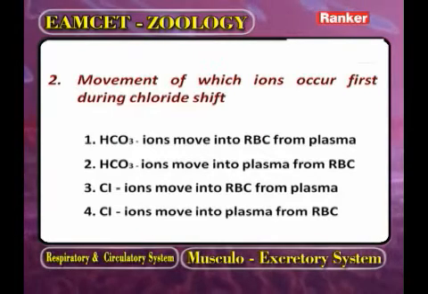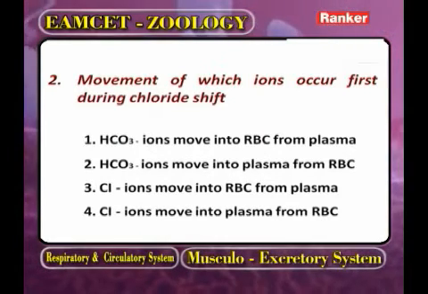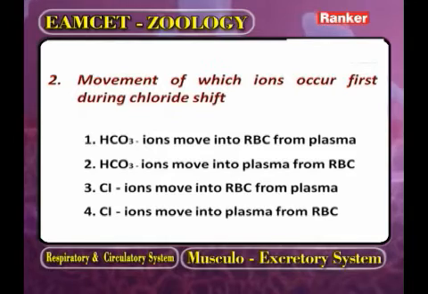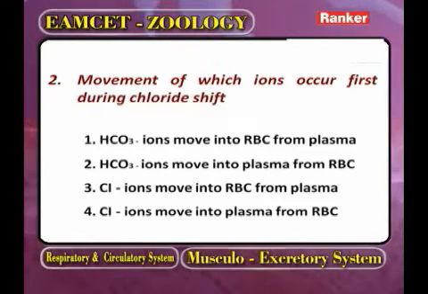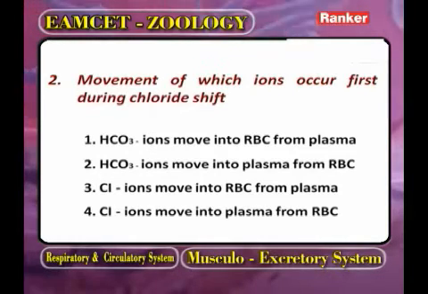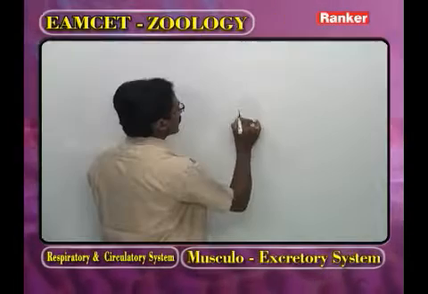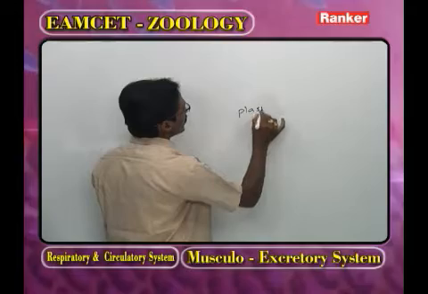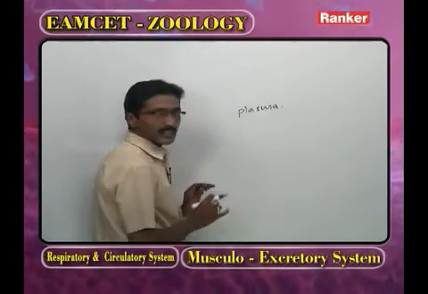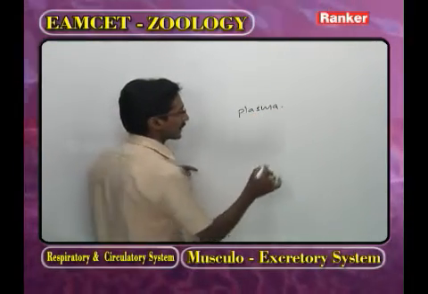Movement of which ions occurs first during chloride shift? Here we have to discuss this point regarding the transportation of carbon dioxide. Now, this part we call plasma. That is one part of blood we know very well.